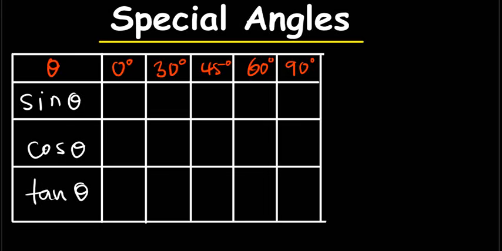But the first thing that I'm going to talk about is the same triangles that you know. The special angles using the triangles: the first one is this one that has 60 and 30.